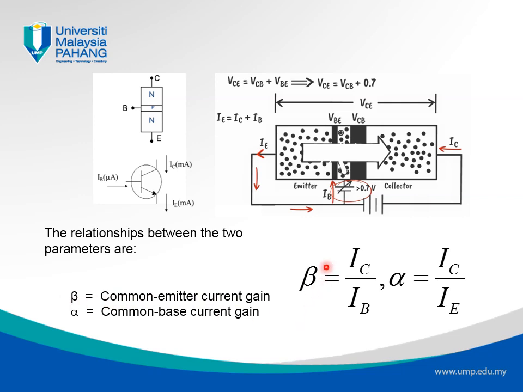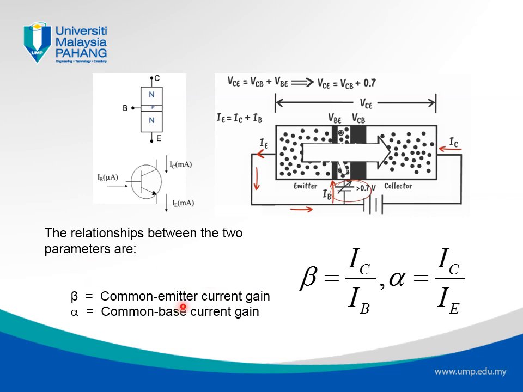What is current gain? The current gain is basically the ratio between two currents. In a common emitter it is the ratio between IC over IB. So we get a huge amount of IC with a small amount of IB, and the ratio between IC and IB is what we call beta. So this is the common emitter current gain.